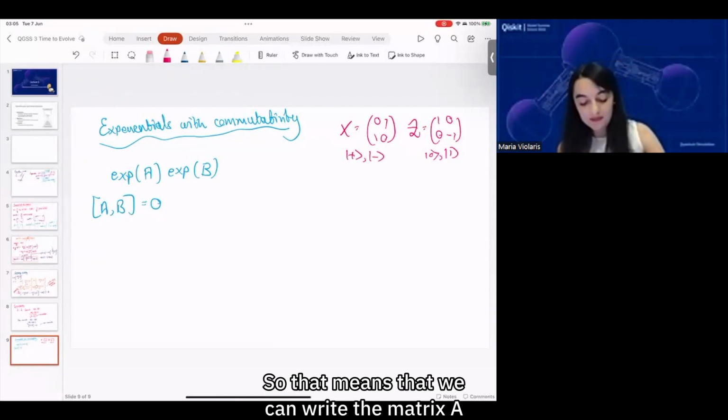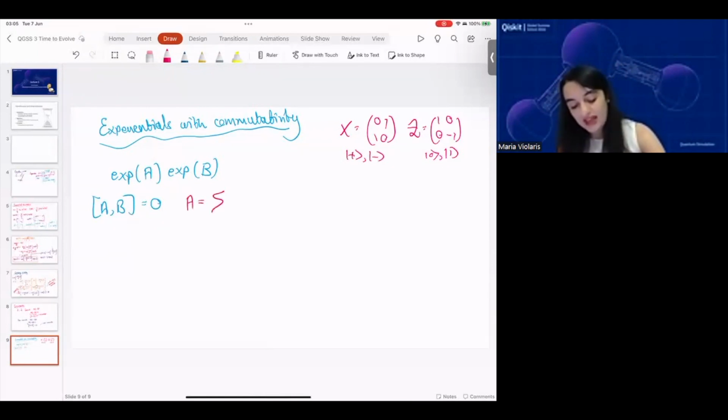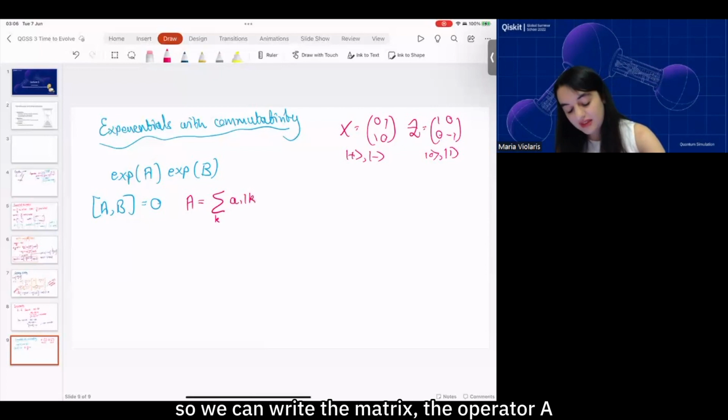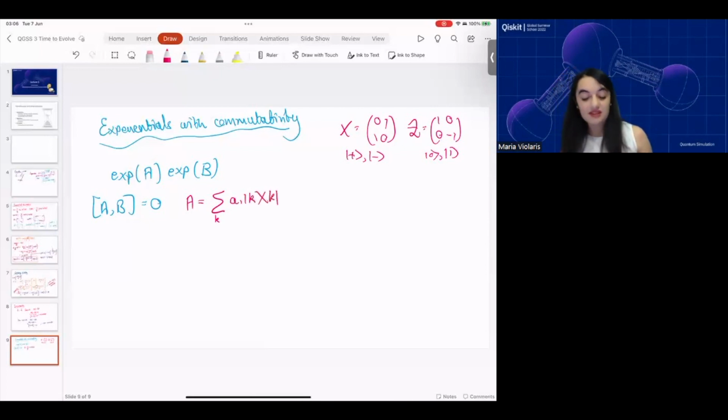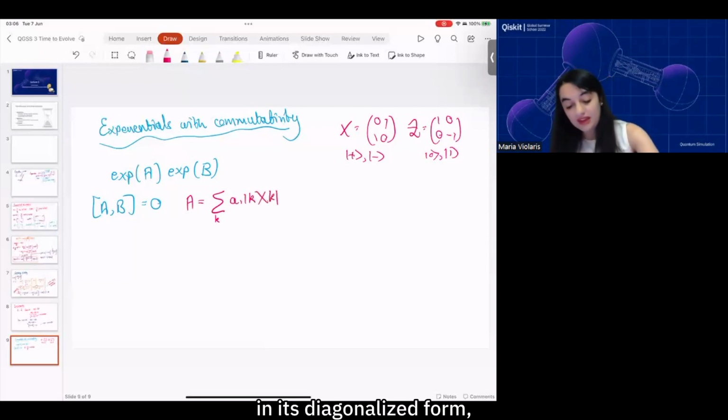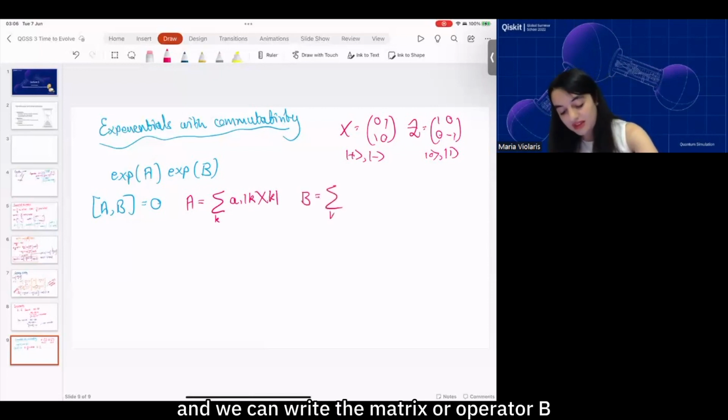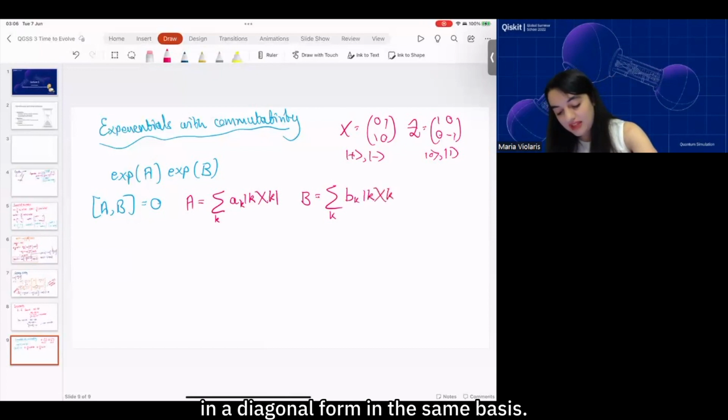So that means that we can write the matrix A, let's say the basis states are |k>. So we can write the operator A in its diagonal form, and we can write the operator B in a diagonal form in the same basis.